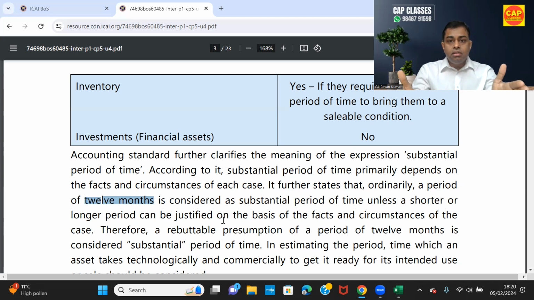You went to the builder and you said, can you build this building with these specifications and this plan for me? Builder said, yes, I will charge 25 crores. How much time do you want? I will give it to you in 15 months. So it is a qualifying asset.